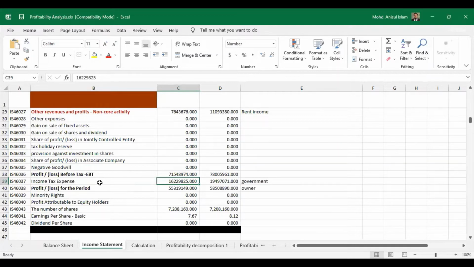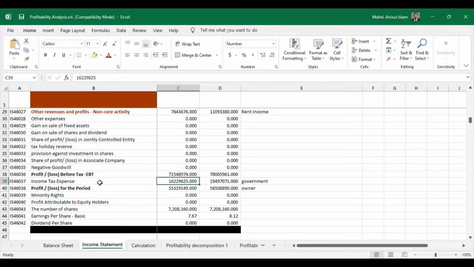We know that this income tax expense includes the tax liability, the tax burden for the operating profit coming from sales, and other operating profit from other operating activities. It also needs to be allocated for the tax benefit or the tax burden, whatever it is, with respect to our net financial expenses or net financial income.